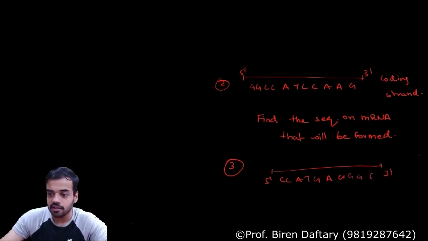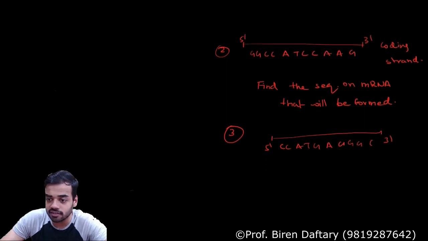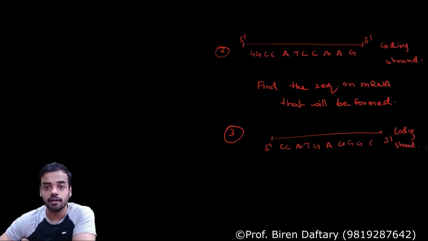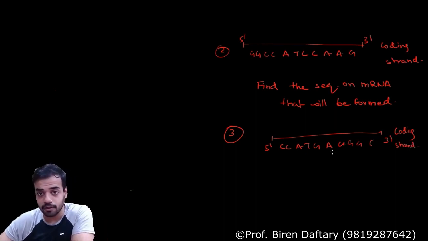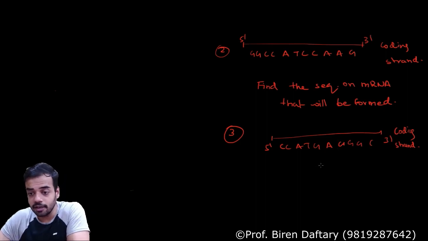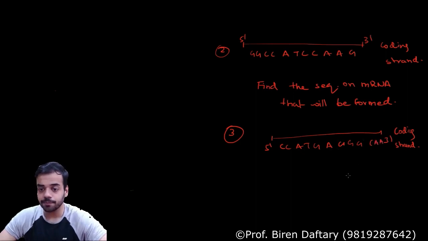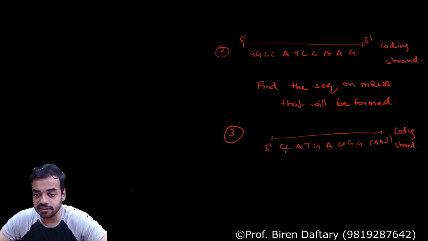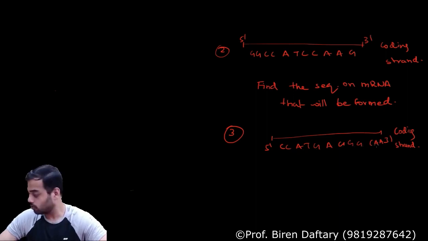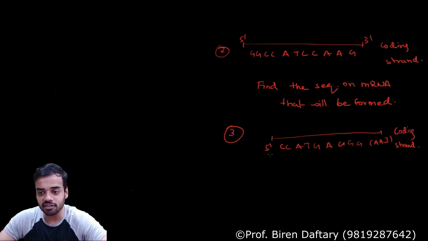So this is a G. This is the sequence on the coding strand, correct. Wait, I will add 2 more A's over here. So this sequence is CCA TGA GGG CAA, and obviously here there will be start, here there will be stop. So I have not drawn the start and stop codon.